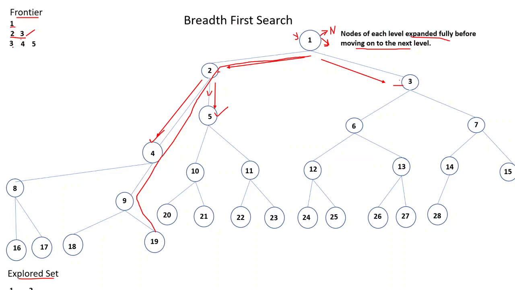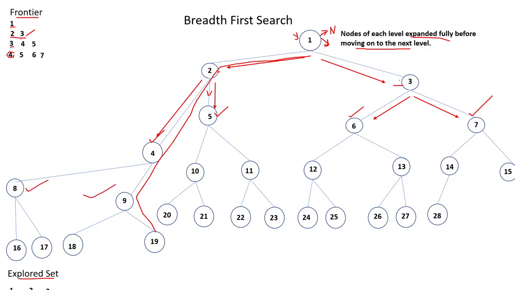Now we take up node number 3, and we have two successors of node number 3, that is node number 6 and node number 7. These are added to the frontier after 4 and 5, and 3 is moved on to the explored set. The next node to be explored is node number 4, and the successors of node number 4 are 8 and 9.